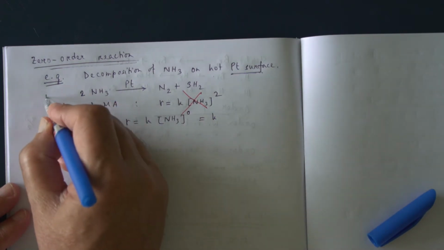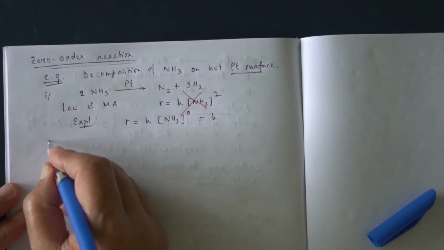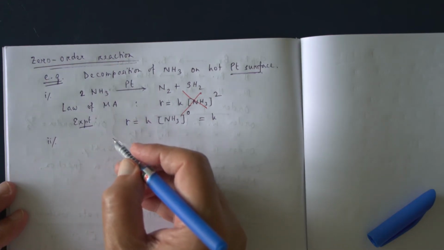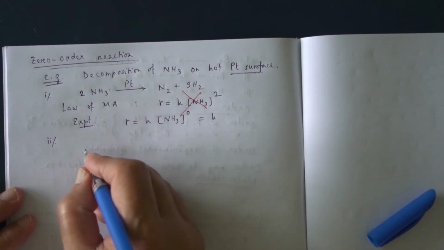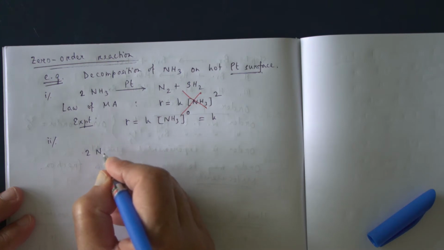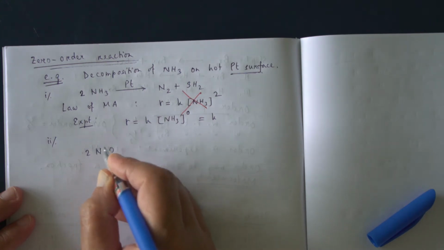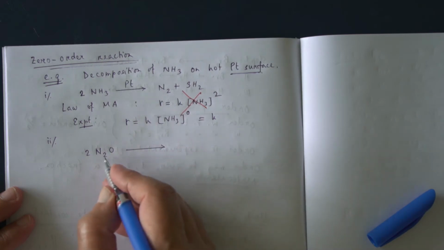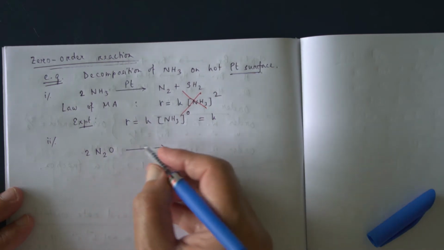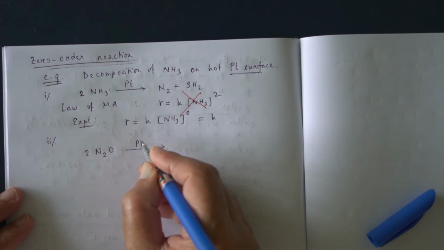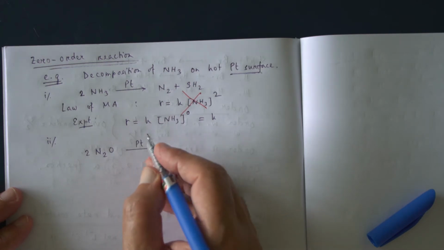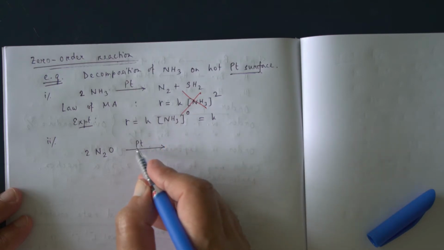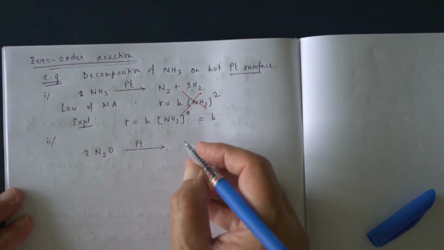This is the first example. The second example is again decomposition of nitrous oxide. Nitrous oxide is this. Decomposition of nitrous oxide once again on hot platinum surface.